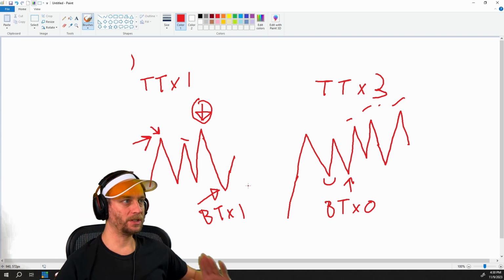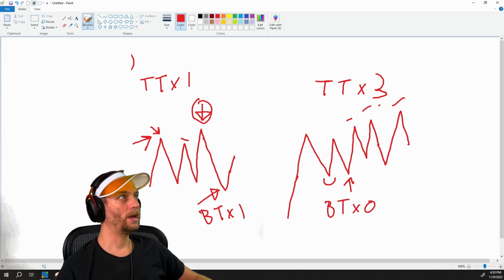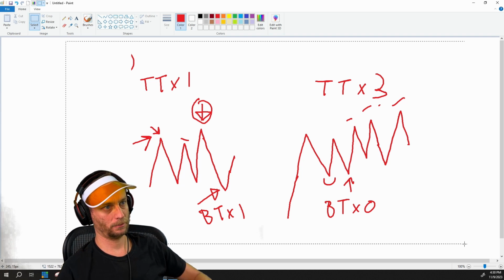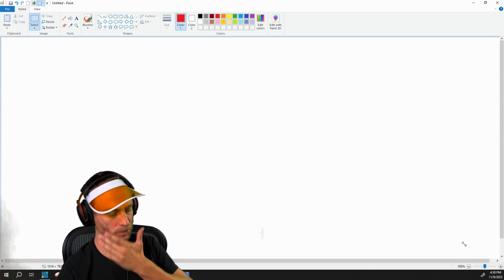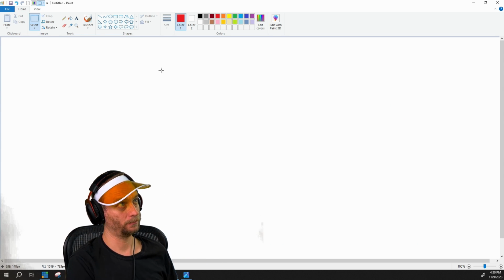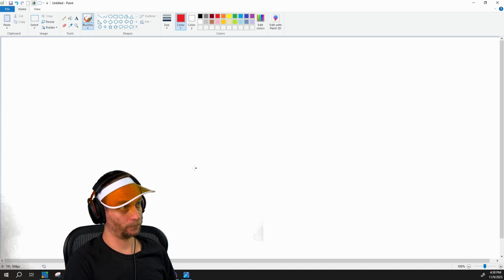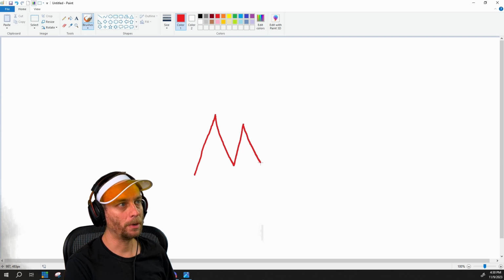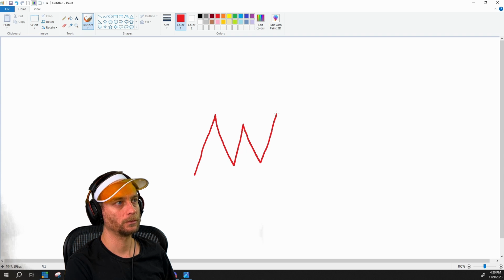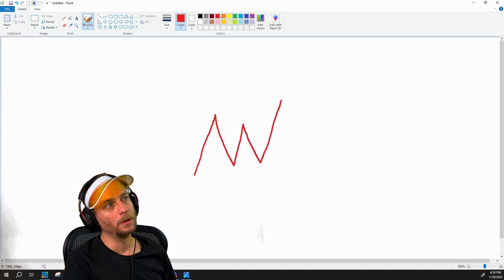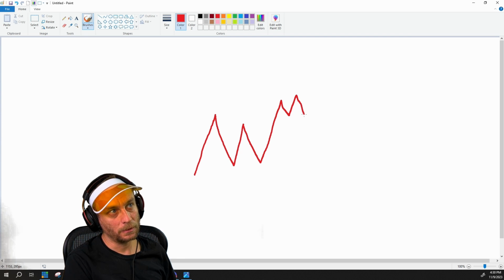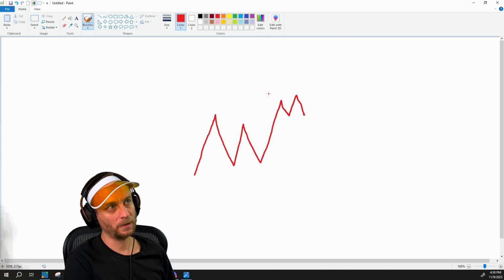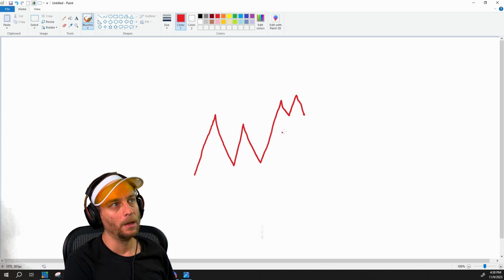Now, here's the deal. Let's go ahead and erase all of this. Redraw. So when is it not a top tick? Same concept, right? No bottom ticks. Top tick. Now, if it does this, that's not a top. That's not 2 top ticks. That's still 1. Why?